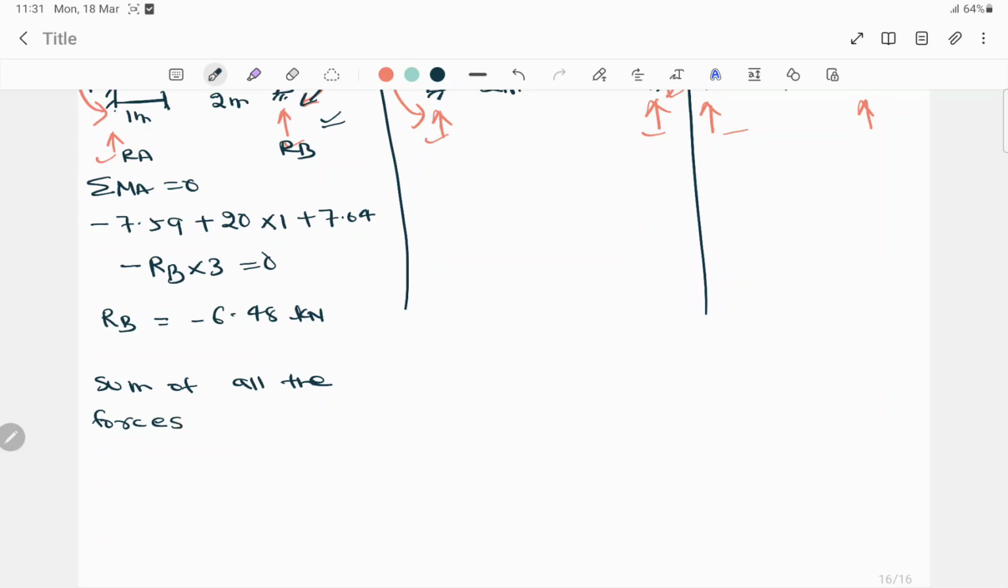Sum of all the upward forces is equal to sum of all the downward forces.